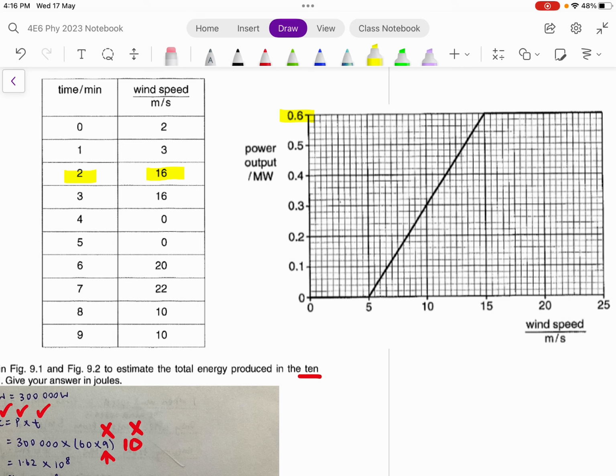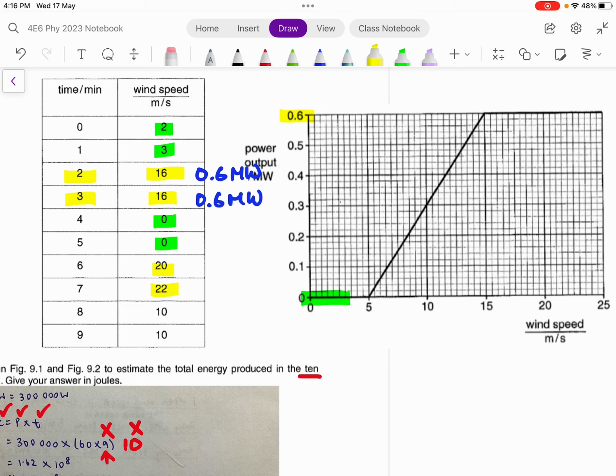No, right? It is 3 and 2. So if you have a wind speed of 3 and 2, you belong to here, correct or not? Only at about 16 are you able to get 0.6 megawatt over here. Then again at here, there is no power output.